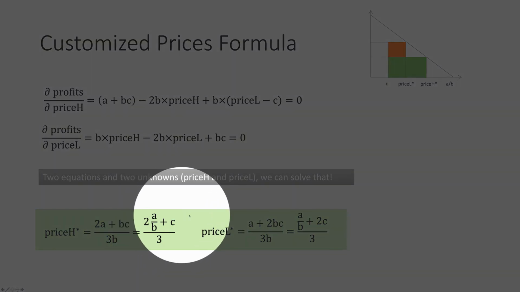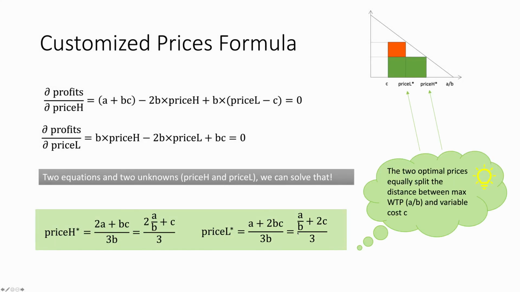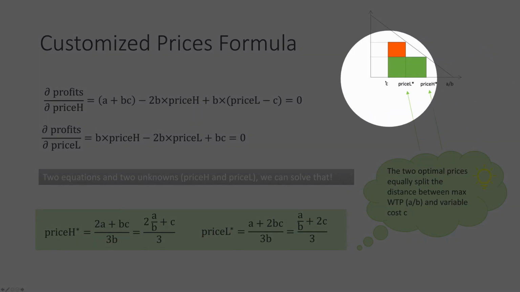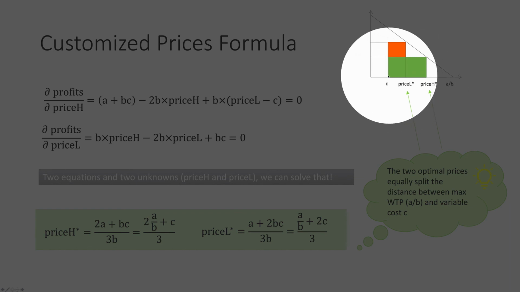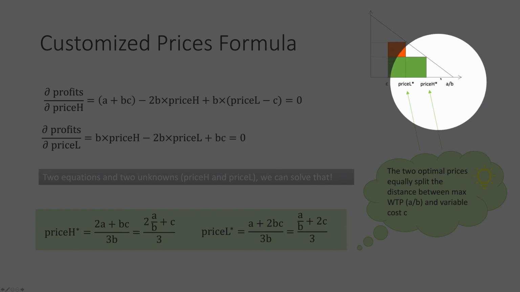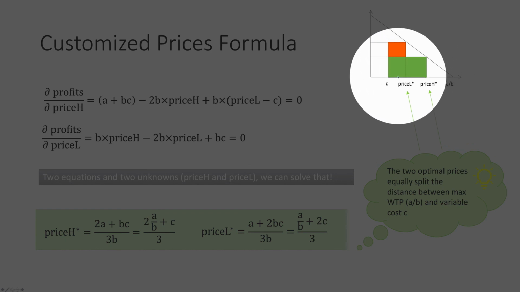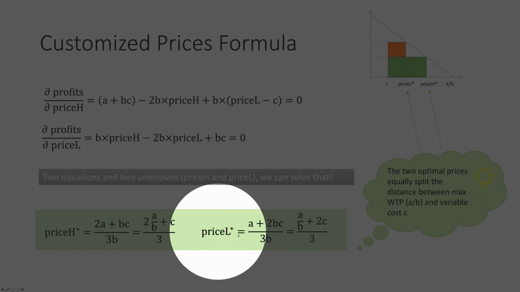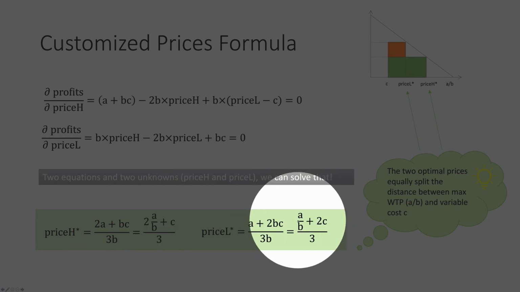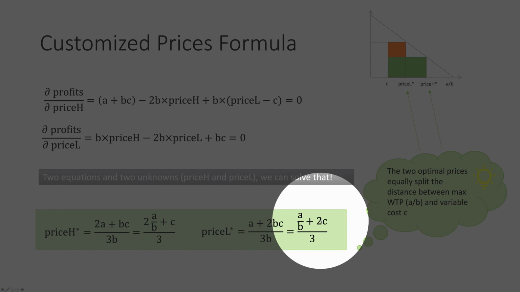So the two optimal prices we have here equally split the distance between the maximum willingness to pay, A divided by B, and the variable cost C. So these two prices split this whole segment into 1, 2, and 3 equal segments. The formula can be looked on as 2/3 of A divided by B and 1/3 of C, versus 1/3 of A divided by B and 2/3 of C.